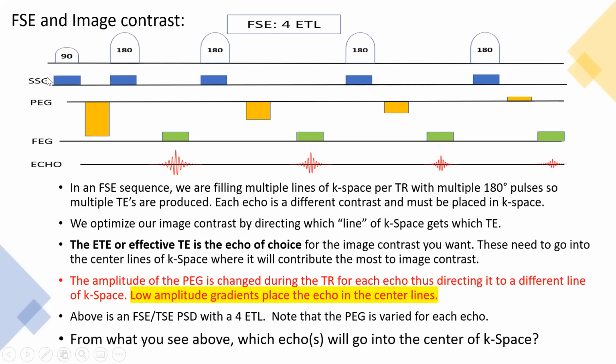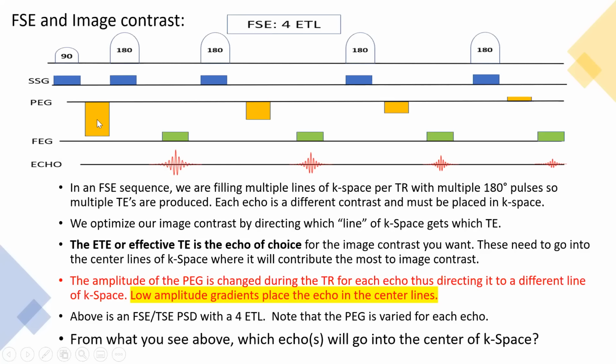So we did slice select, and we phase encoded this echo. Then we 180'd it with the same slice select gradient, and then we frequency encoded that echo. Now, because of the amplitude of this phase encoding gradient, this echo right here is going to go to the edges.